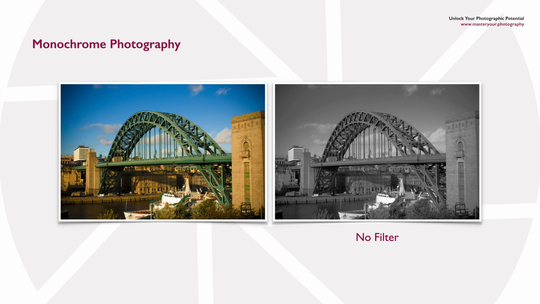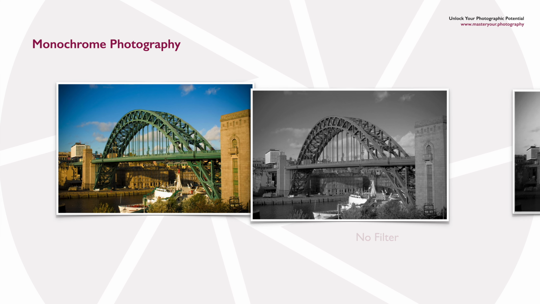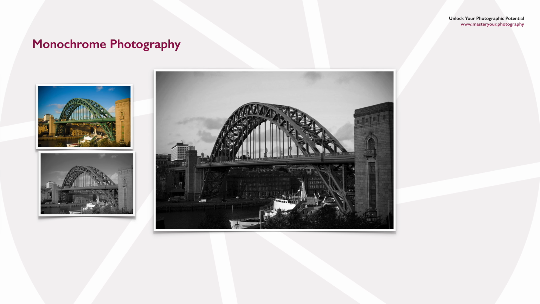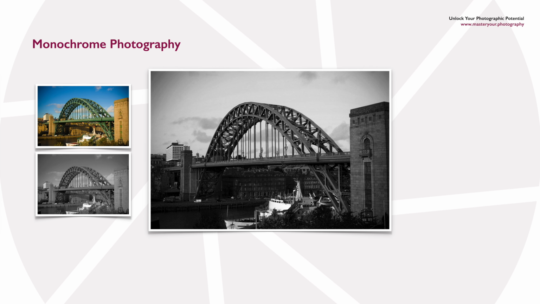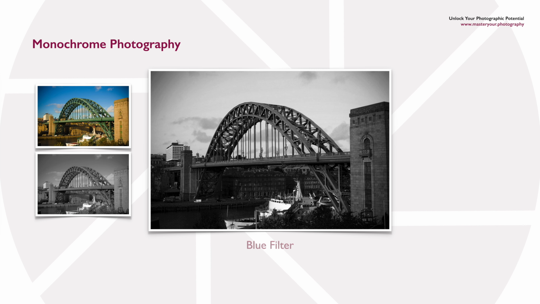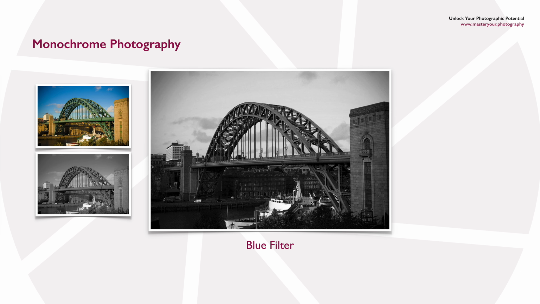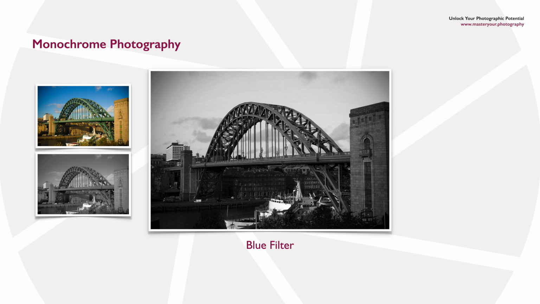And if we take our colour image and we digitally desaturate it, then we get a very similar result just like this. Now if we go back to our black and white film, if we were to put a blue filter in front of the lens, then that would have the effect of making the sky a lot lighter because the sky is blue and the blue filter lets more blue light through than any other colour.